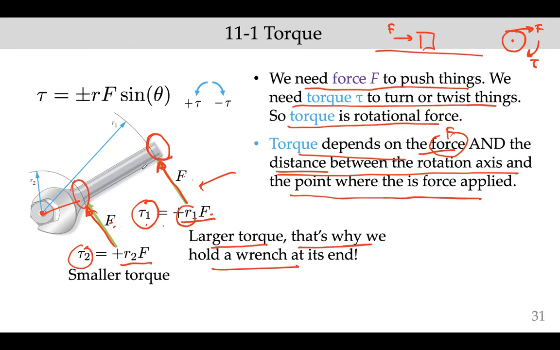So that's why in rotational problems, we don't talk about force, because you can see that the force can be the same, but at different points it has different effects. So instead, we talk about the distance times force, which we call torque.